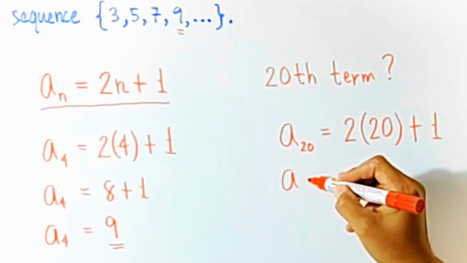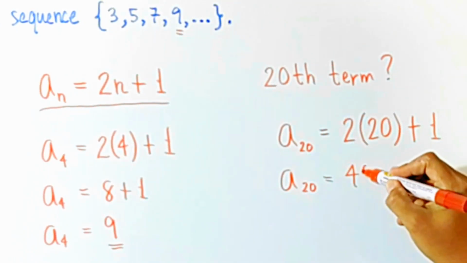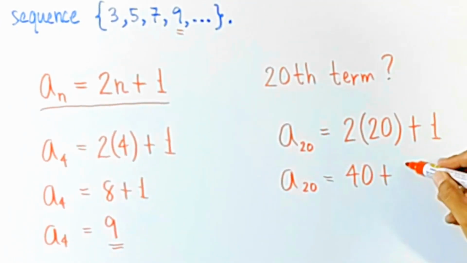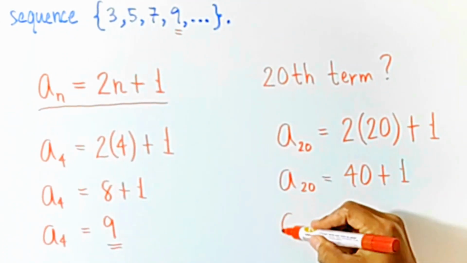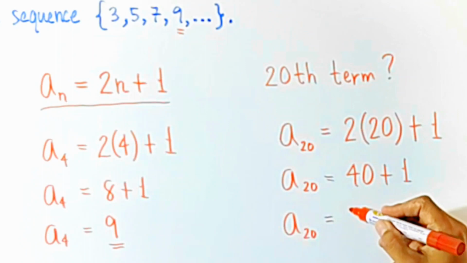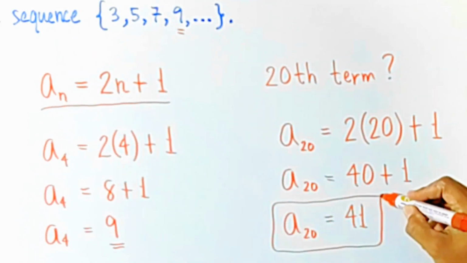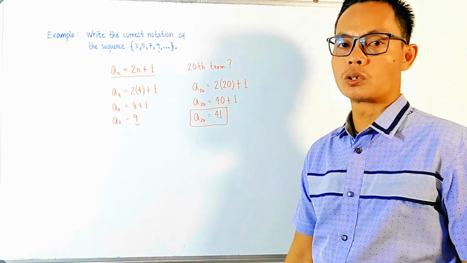All we have to do is multiply 2 times 20, which is 40, added to 1. Final answer, the 20th term of this sequence is 41. So that's how notation works.